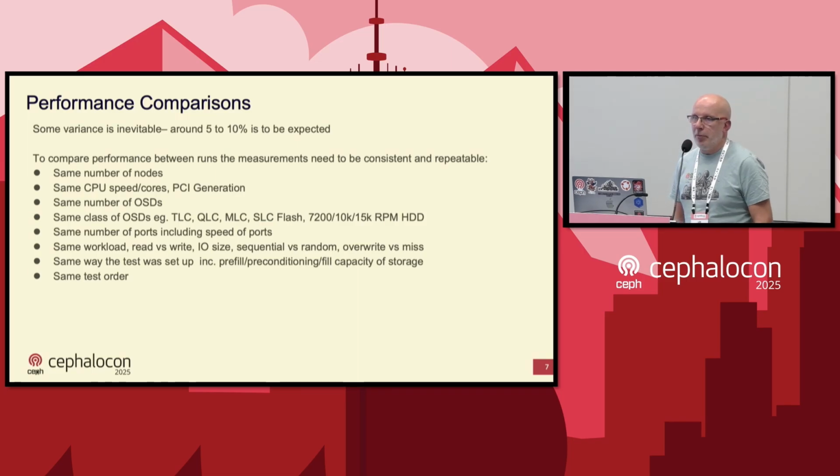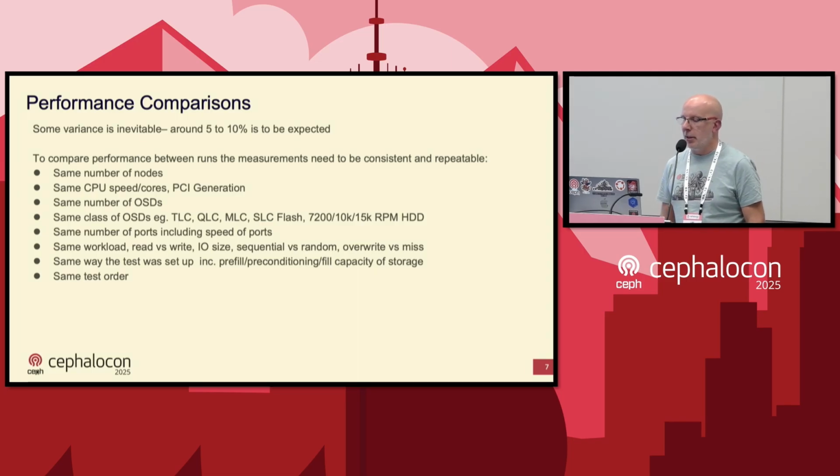But there are some other points as well: the workload ordering can also affect how you do your performance evaluation, and that can actually affect the results, even down to pre-filling and preconditioning and the capacity of storage.